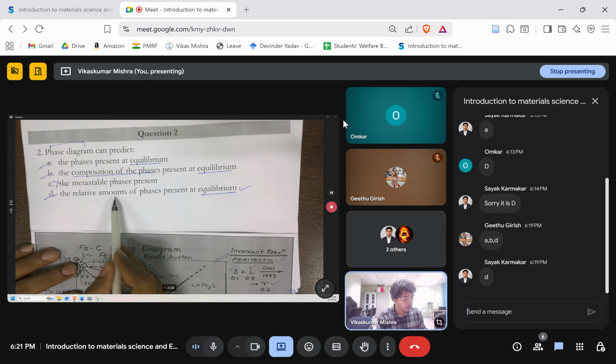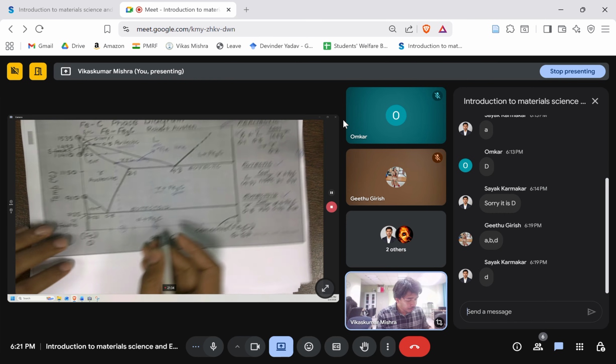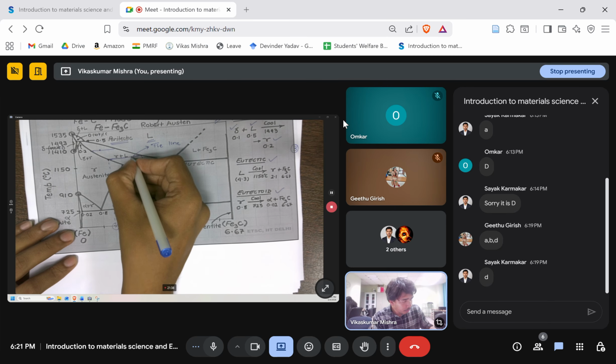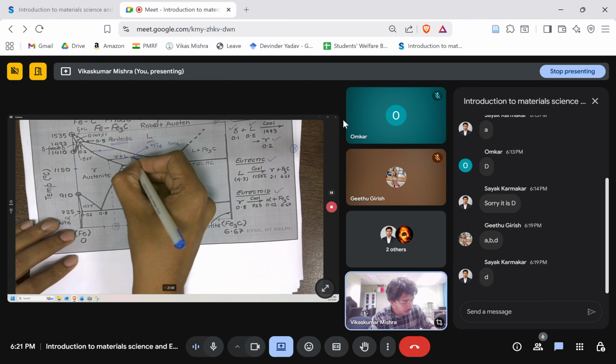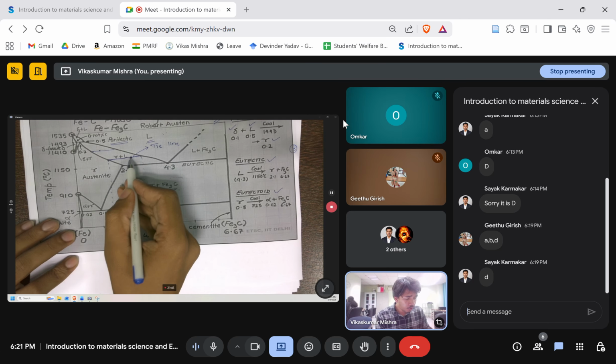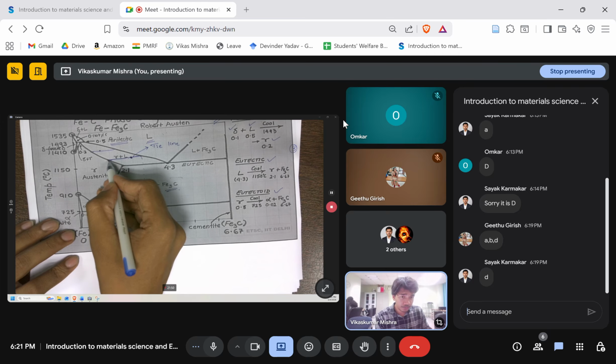The last one, the relative amount of the phases present. Let's discuss this itself. Someone gave me a point at this particular composition and this particular temperature. We got to know that alpha is present and liquid is present.